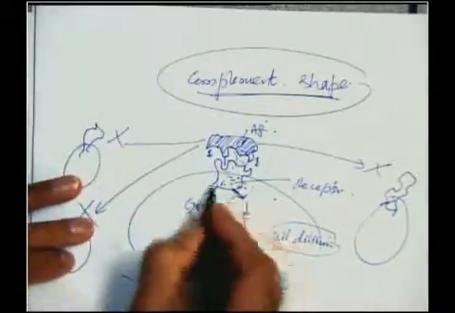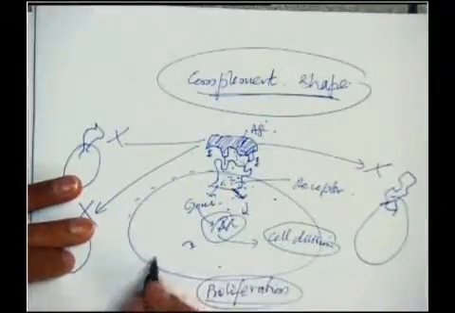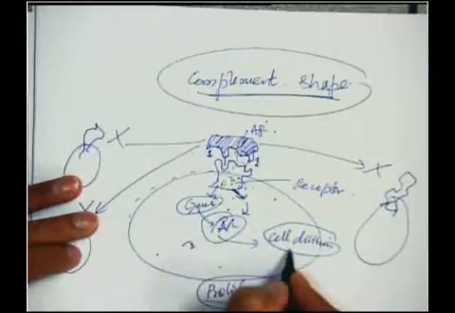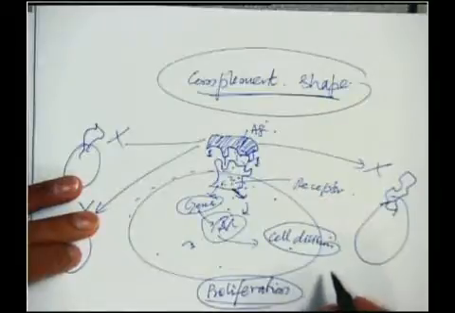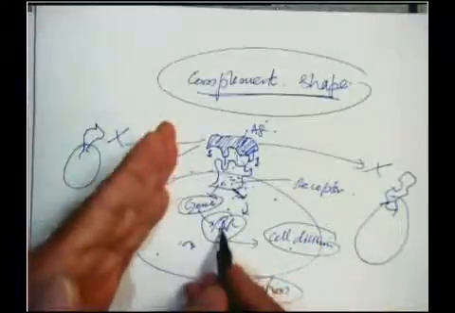Since this particular B cell predominantly has these particular receptors, the activation of this gene as well as the cell division will lead to a clone, one particular type of cellular expression of that gene, one type of antibody. One type of cells will be formed, because this cell started dividing.